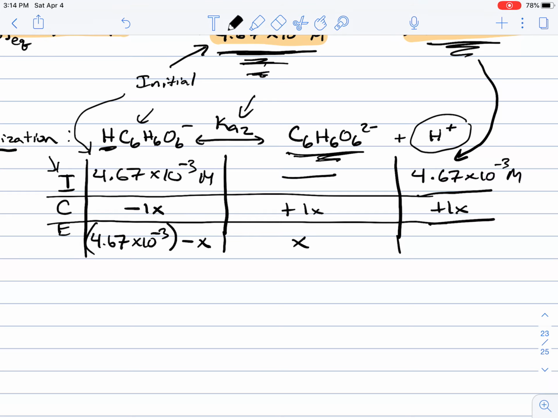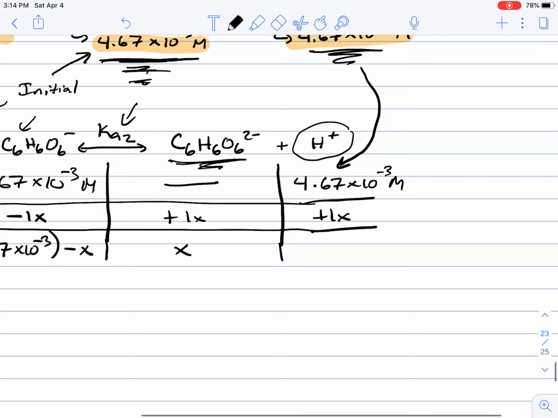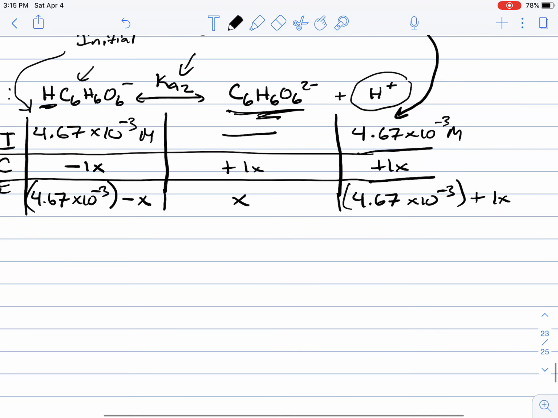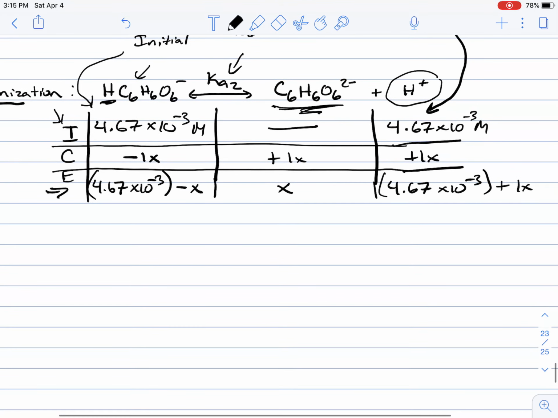And if I add down in the third column where H plus is, this is going to be 4.67 times 10 to the negative 3, in parentheses, plus 1x, or plus x. And so these expressions represent the equilibrium concentrations of each of these substances.